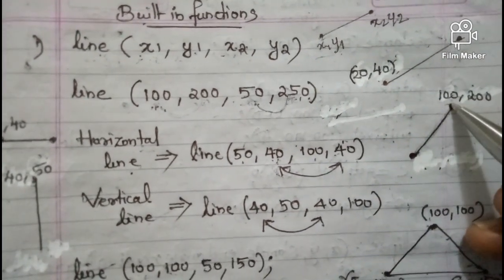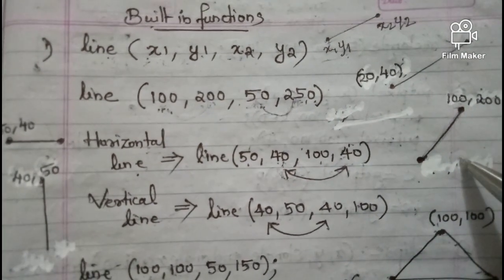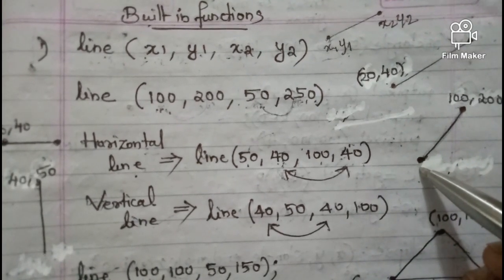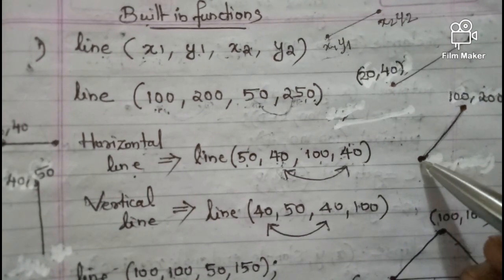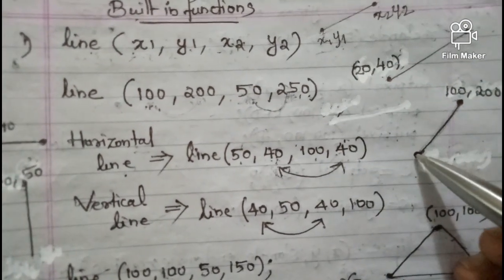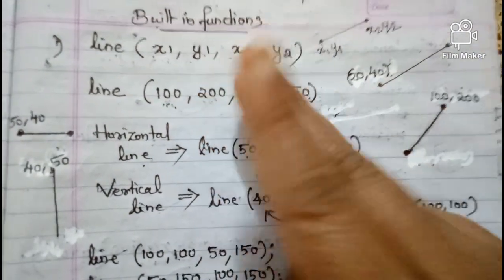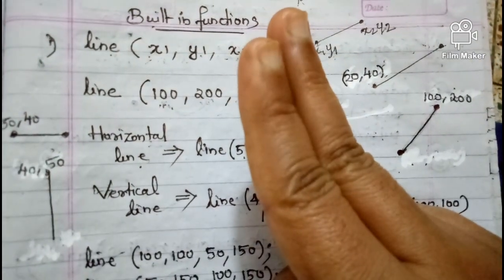Clear? So from here to reach here, we have to move downwards and then towards left. Only then we will reach this point. So I used two things: I moved downwards and I moved towards left.